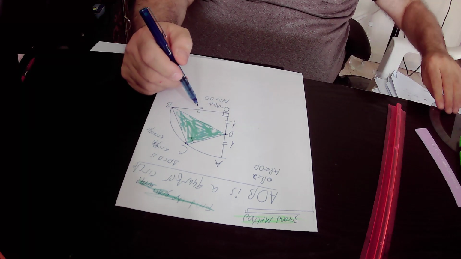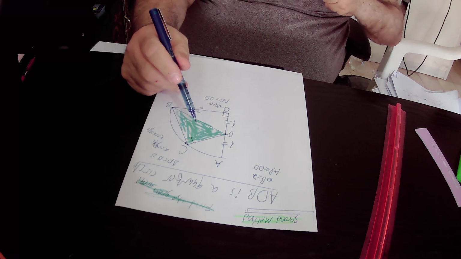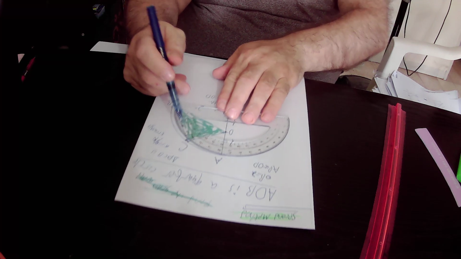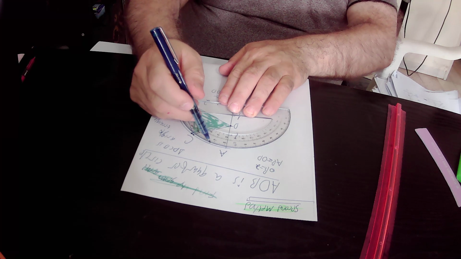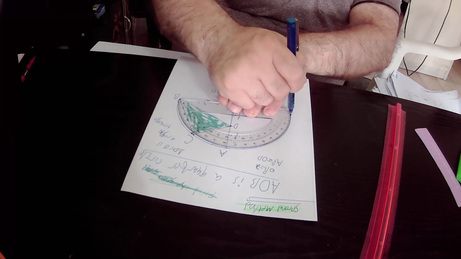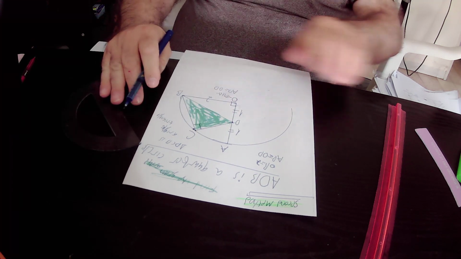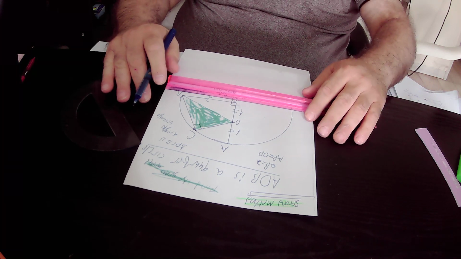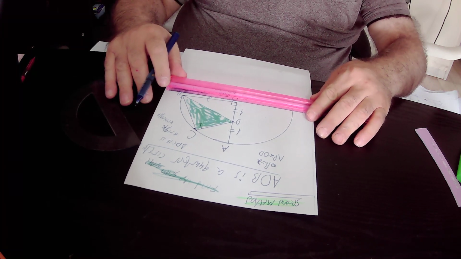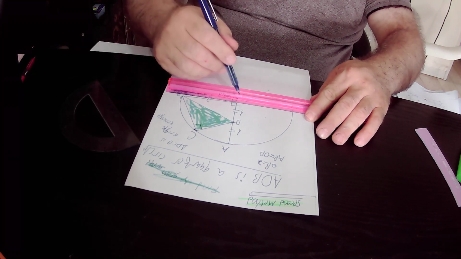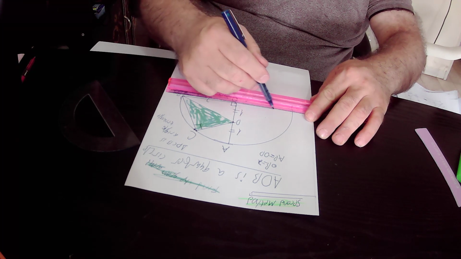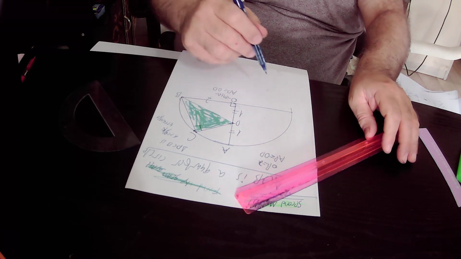In the next step, we'll complete the quarter circle to a semicircle. Here, we'll extend the radius BO until it touches the semicircle.